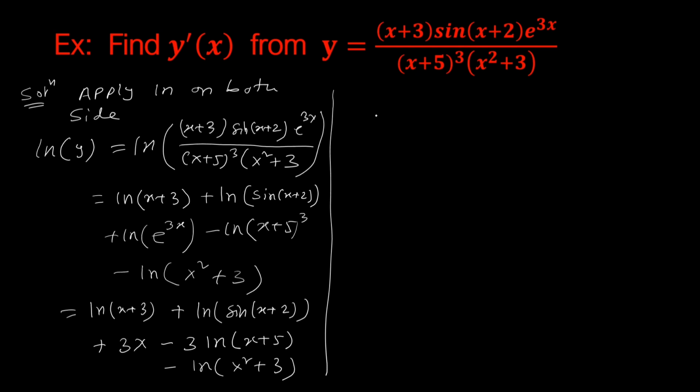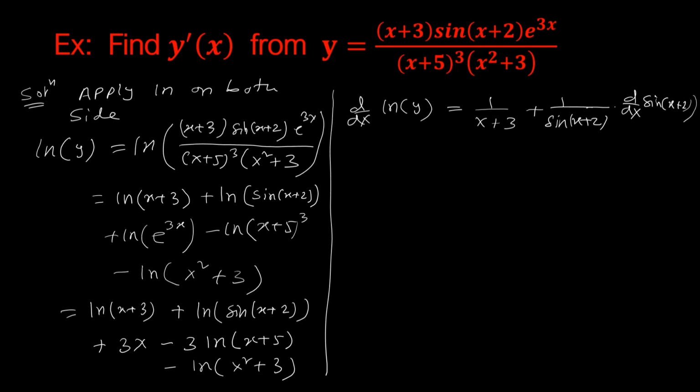Now we'll apply the derivative. d dx of ln y is equal to, this one will be 1 over x plus 3, plus 1 over sine x plus 2 and then derivative of sine x plus 2. 3x derivative will be 3, minus 3 ln x plus 5 will be 3 over x plus 5, and minus 1 over x square plus 3 d dx of x square plus 3.